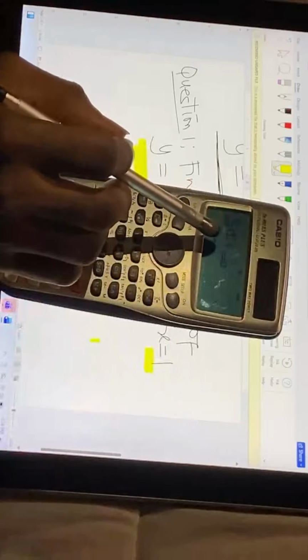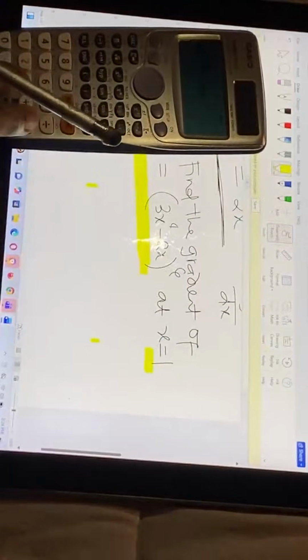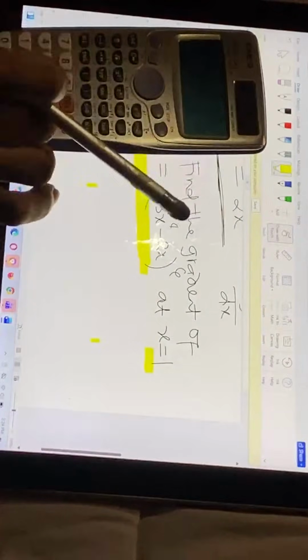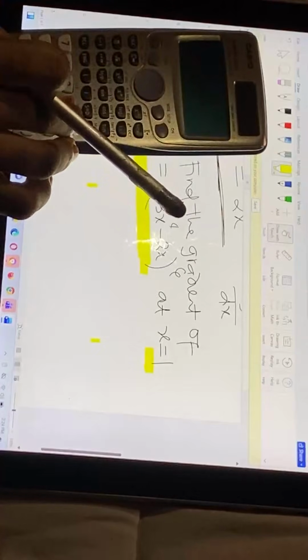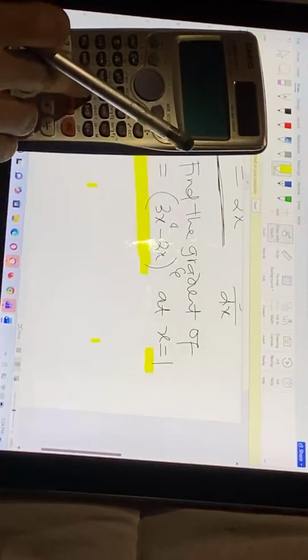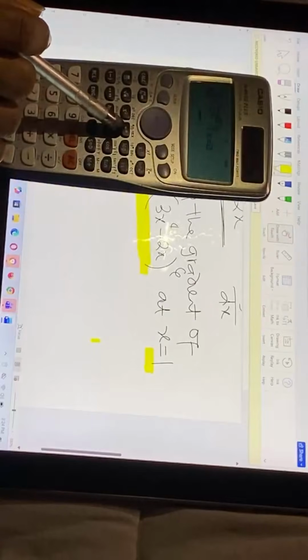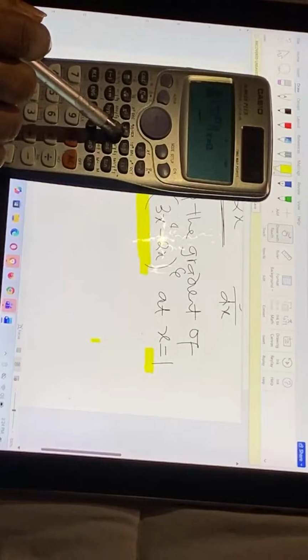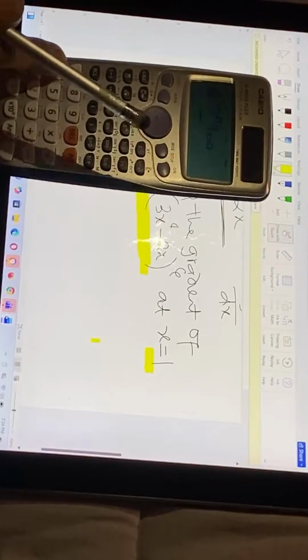So inside the box there, you will write what is given to you there. That is 3s, alpha 4. You press this button here to get any power. That is s box here, s to the power of 4.